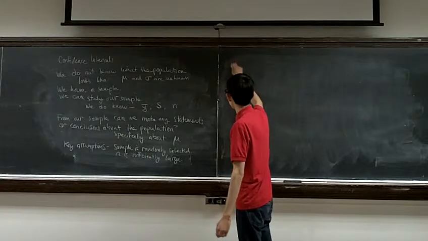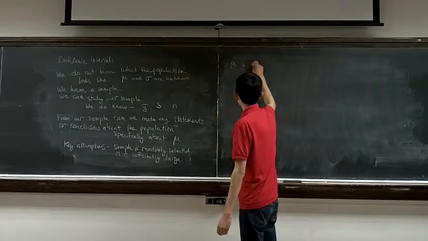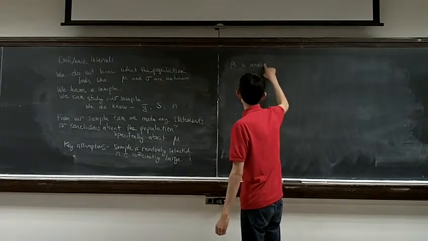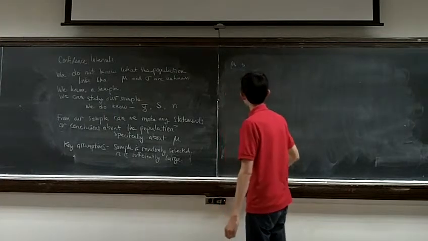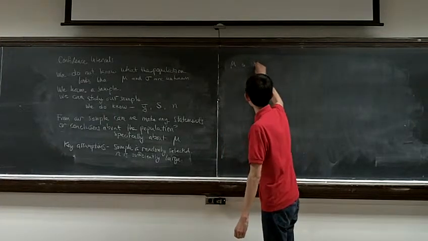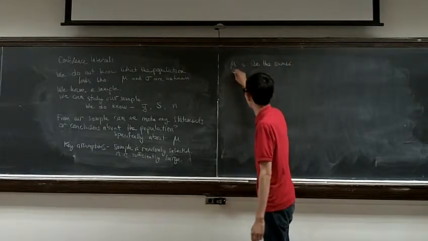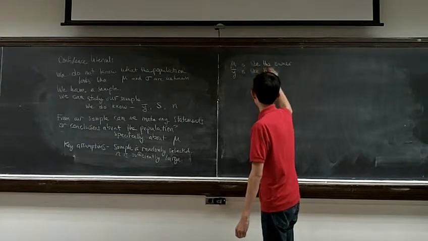So mu is analogous. Mu is like the owner, and y bar is like the dog.